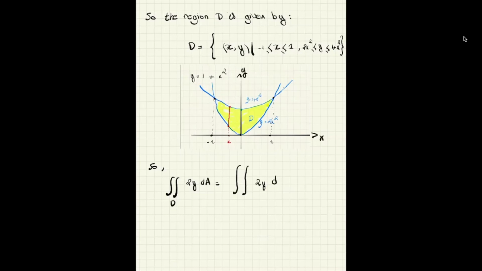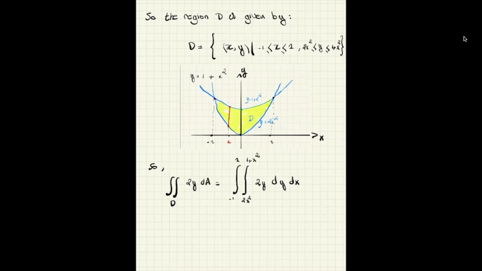So here it's dy dx, all right? Now, when you fix some x, y is between this curve and this curve. So it's between the curve 2x squared and 1 plus x squared. Now, what is x? X is allowed to vary from -1 to 1. Okay? So that's the integral.